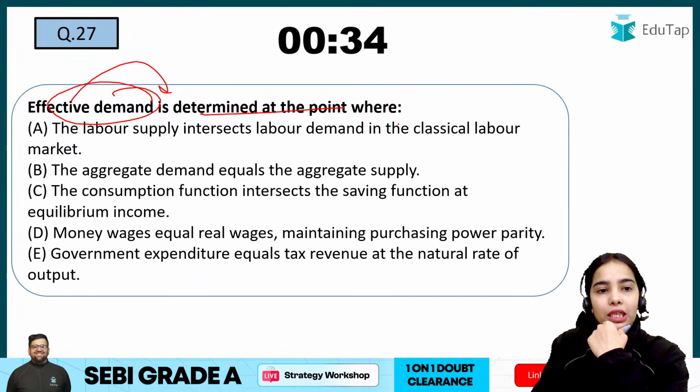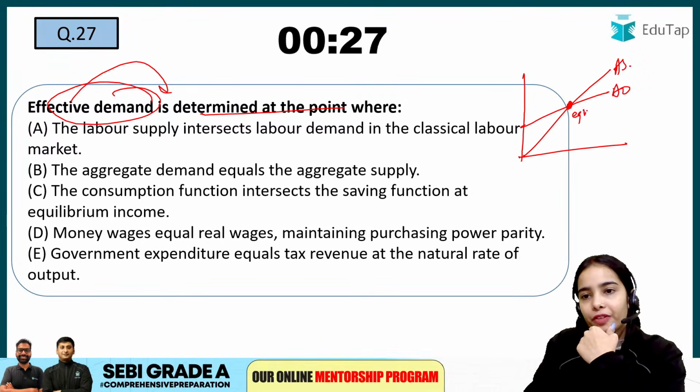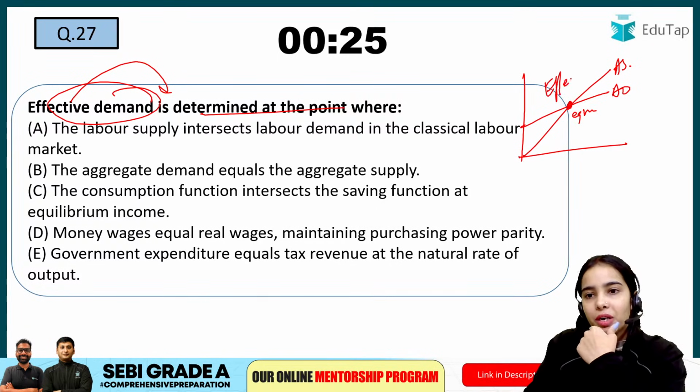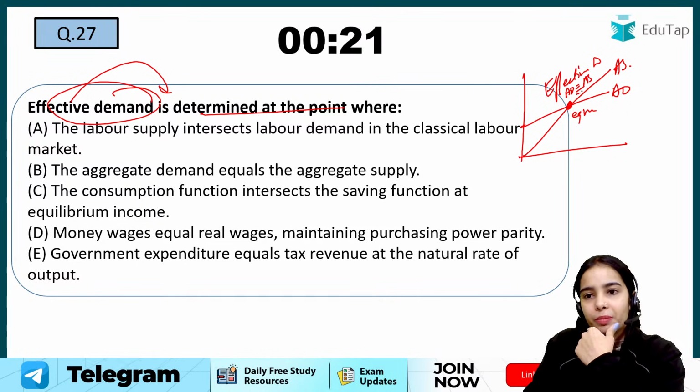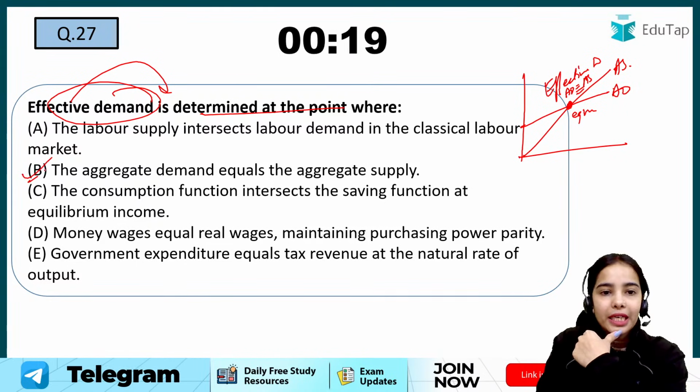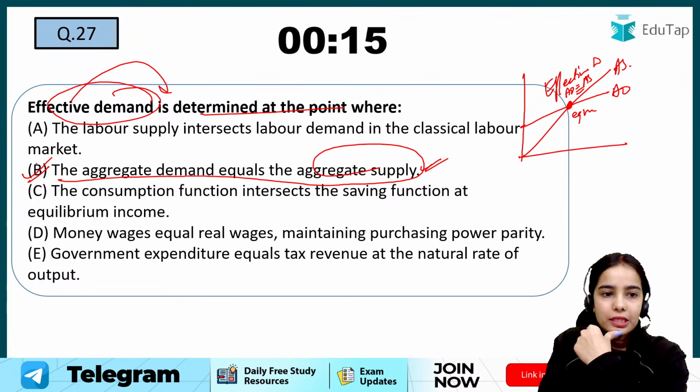Effective demand is where the aggregate supply is equal to aggregate demand. The equilibrium is where there is effective demand, where aggregate demand equals aggregate supply. So B is the answer.